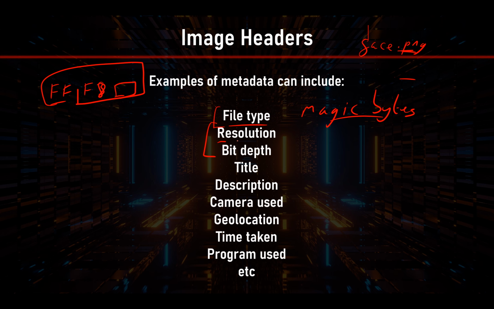Similar to text, if we're using Unicode or UTF-8, we need to know when one character starts, when it ends, and when the next character starts. It's similar here, where we need to know the resolution because, let's say we have pixel 1, pixel 2, pixel 3, pixel 4.